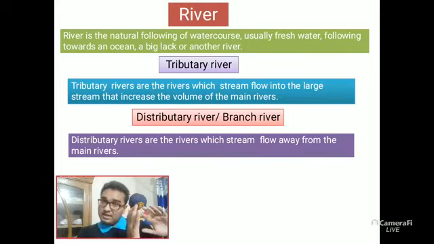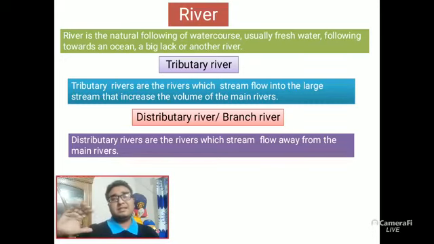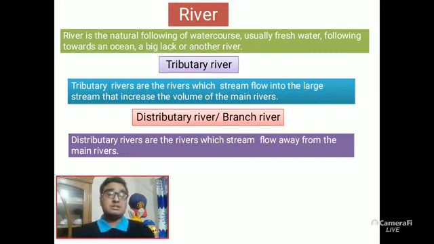So in the chapter, basically there are 11 rivers discussed, and among these 11 rivers, only 6 rivers you will have to learn for the CQ questions. So now I'm going to tell you the names of these 6 rivers. First of all, the Padma, Meghna, Jamuna, Brahmaputra, Teesta, and Karnafuli. These 6 rivers are important for creative questions, but you will learn the remaining rivers for the MCQ questions.